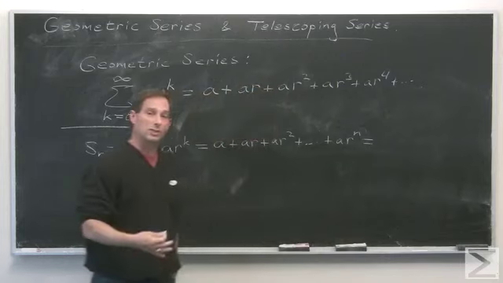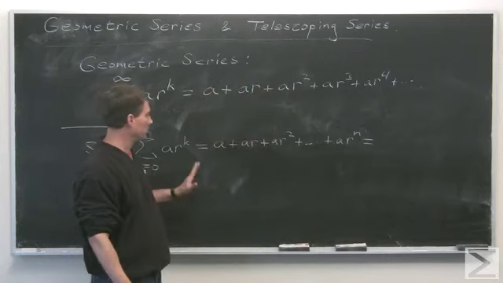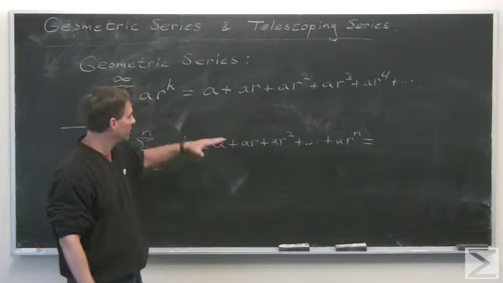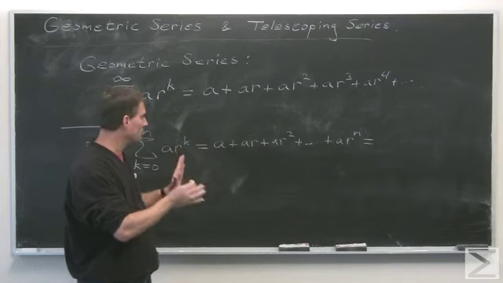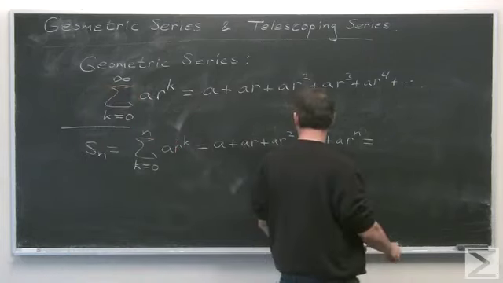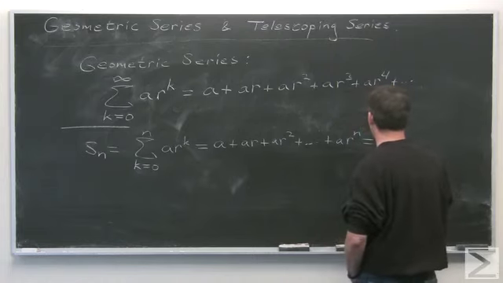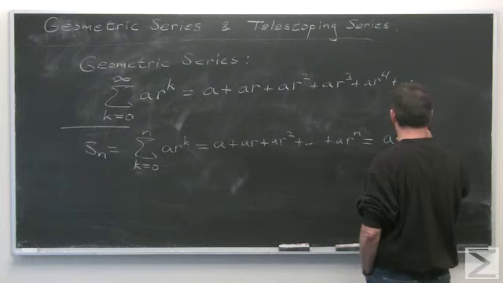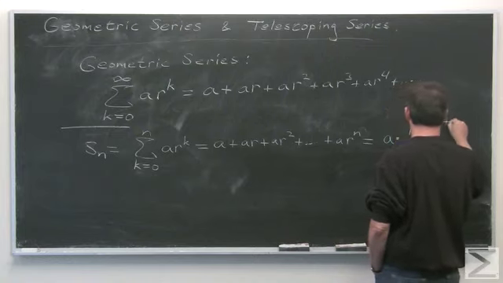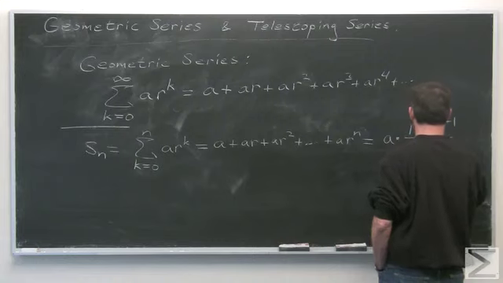And it's easy to develop a formula for this. You may or may not remember how we did it. You multiply this by r, see how it shifts things and what's left out, and you can write an equation and solve for Sn explicitly. This is a times 1 minus r to the n plus 1 over 1 minus r, provided r is not 1.